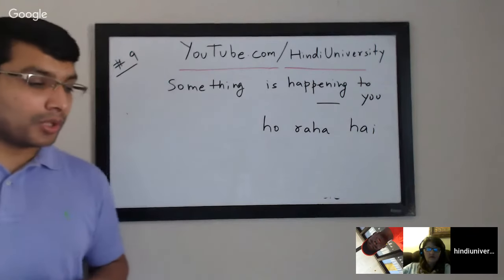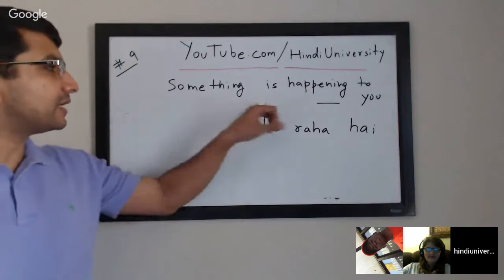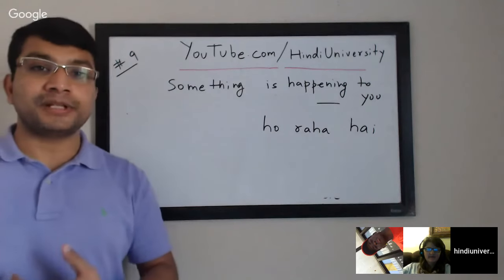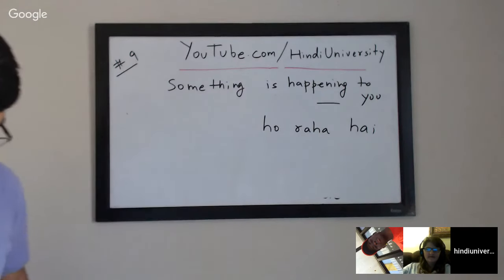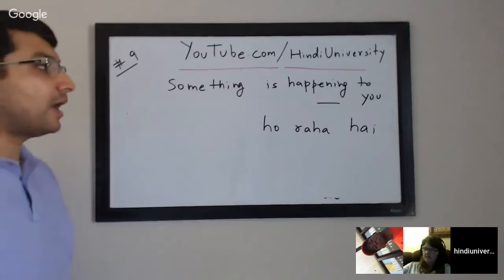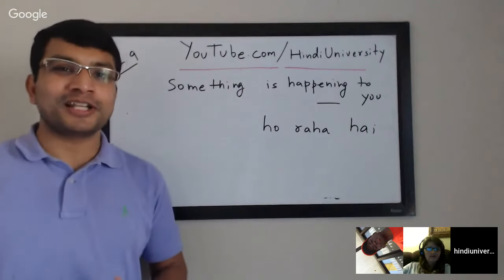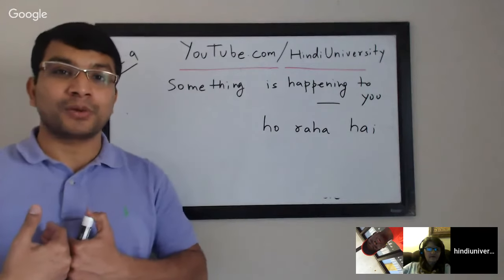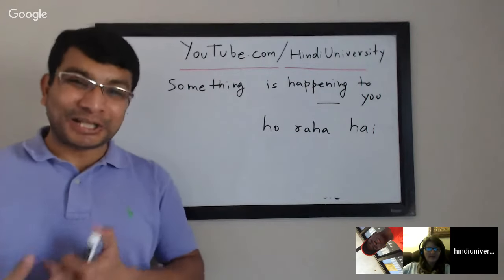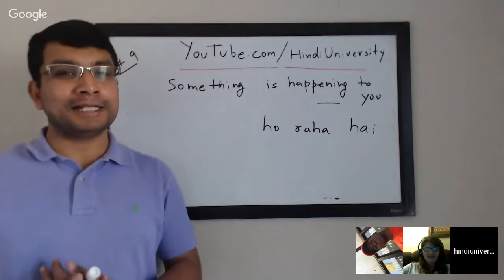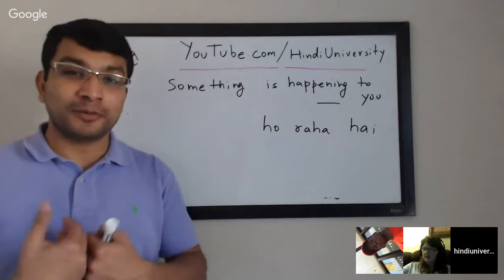Now in English you will not really say "something is happening to me". For example, if you're feeling hungry, you will simply say I'm feeling hungry, right? You will not say that hunger is coming to me. However, in Hindi, that's how you will be writing your sentence: hunger is coming to me.